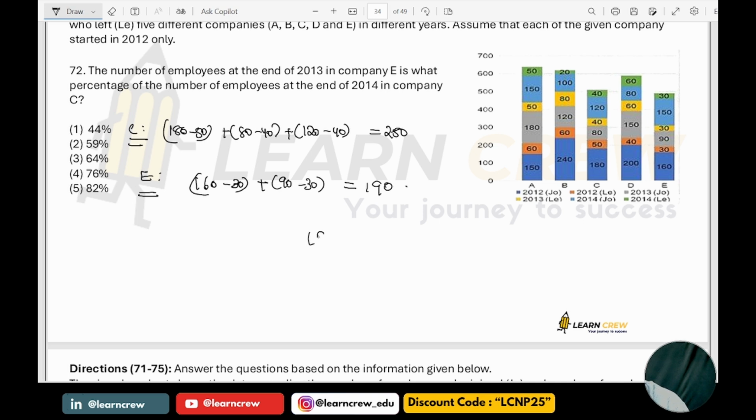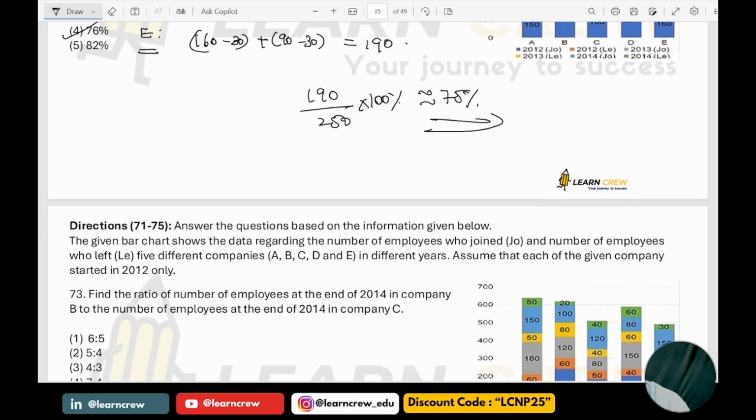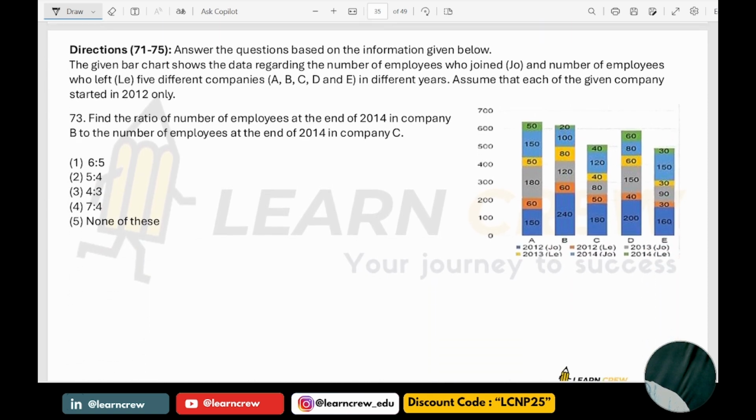So this 190 is what percent of 250 is the answer. So more than 75, approximately 75 percentage. More than 75 actually. So the answer is 76 percentage.